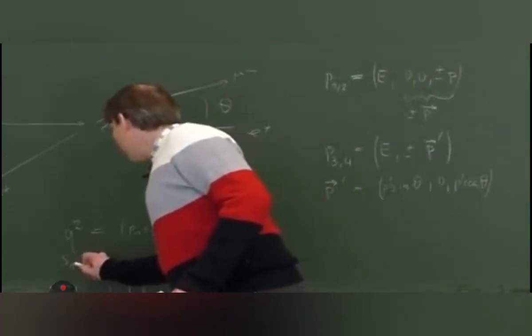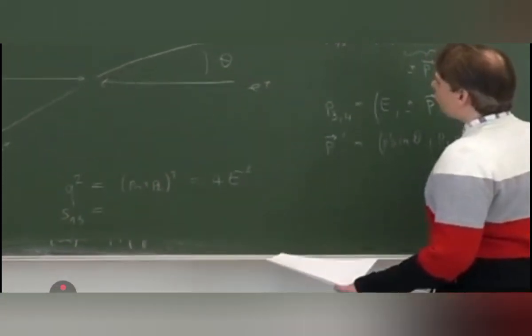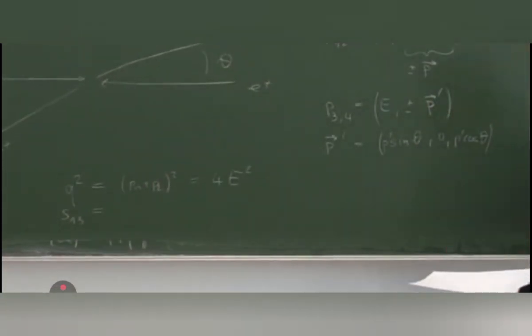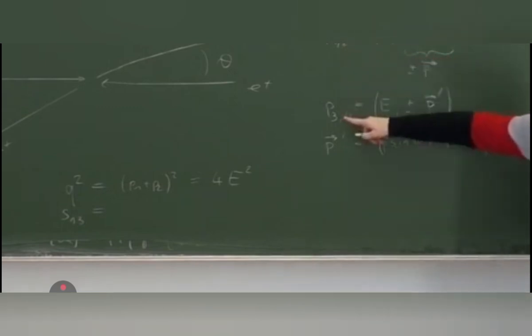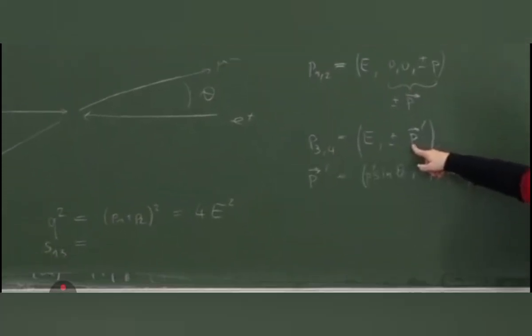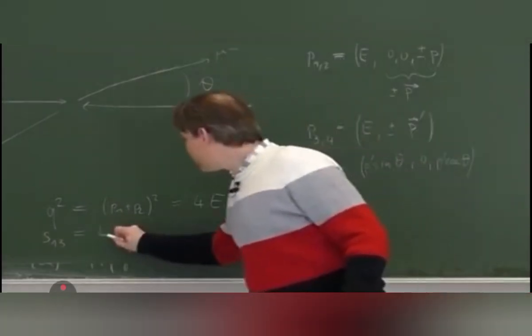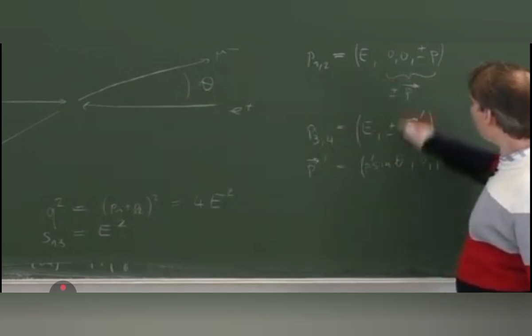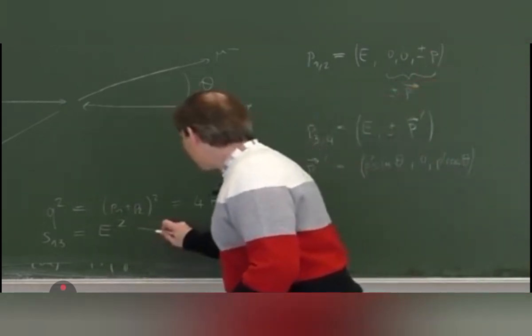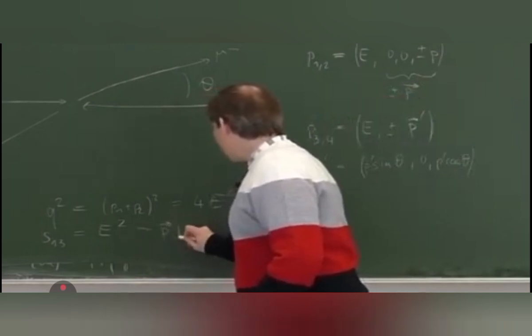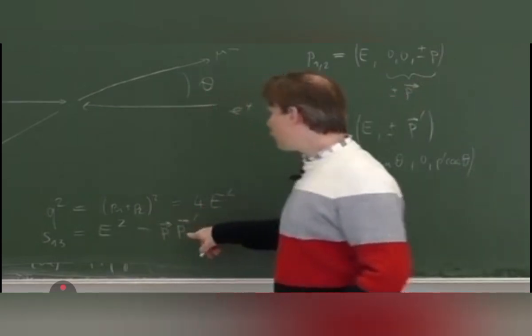Then our variable S13. What is our variable S13? And then also S14, which appears in the result, the scalar product of the momentum P1 dot P3. So this scalar product is first of all the energy product, E square, minus the product of the spatial momenta, which we can write with 3 vectors, P times P prime vector.